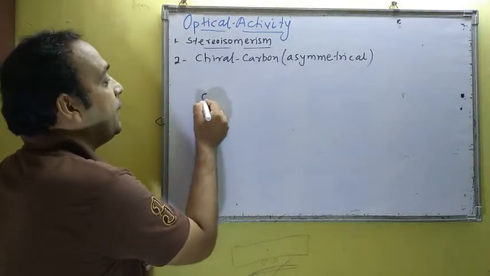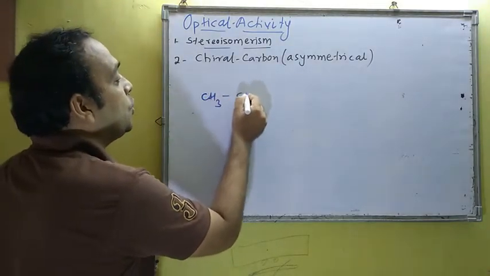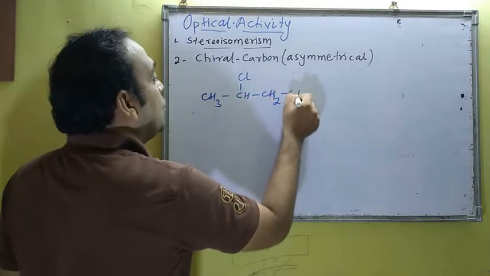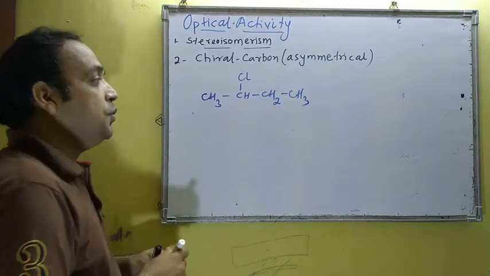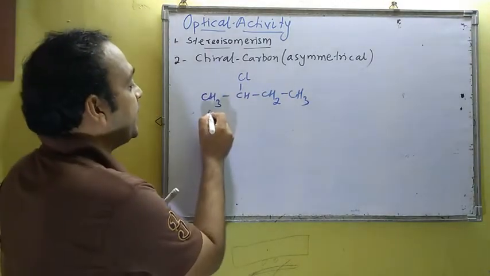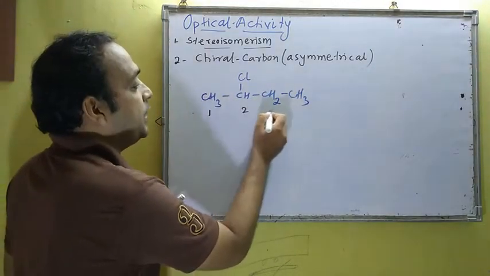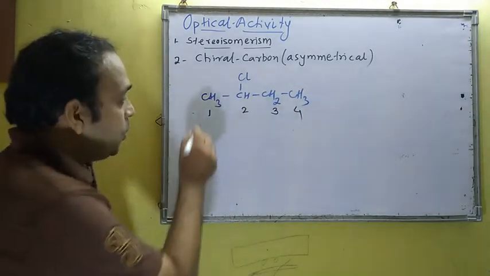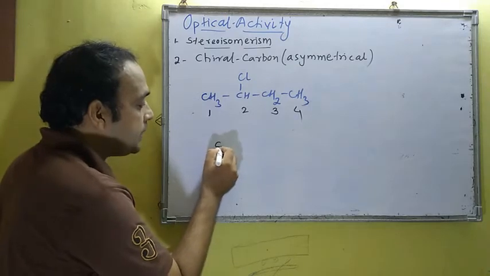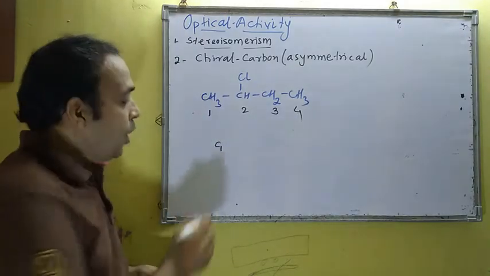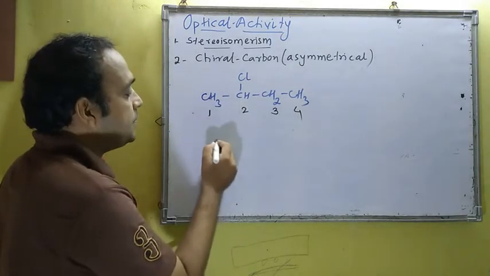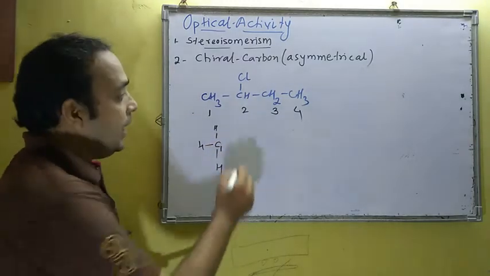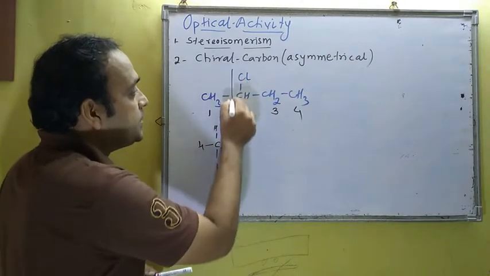For example, I am writing here 2-chlorobutane. In 2-chlorobutane, this is carbon number 1, carbon number 2, carbon number 3, and carbon number 4. To carbon number 1, three hydrogen atoms are attached, and on the other side the group CHCl CH2 CH3 is attached.